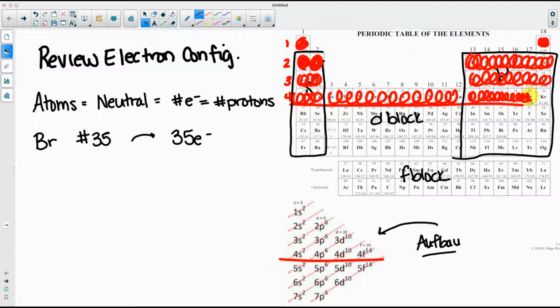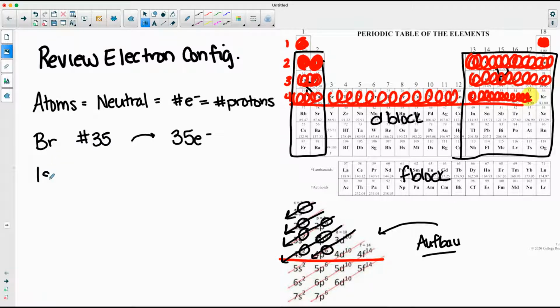If you are unable to follow it on the table, we're going to do it with the diagonal rule: 1s2, 2s2, 2p6, 3s2, 3p6, 4s2. I'm going to keep doing this until my top numbers add up to 35. Then 3d10, and 4p5 is what gets me there.